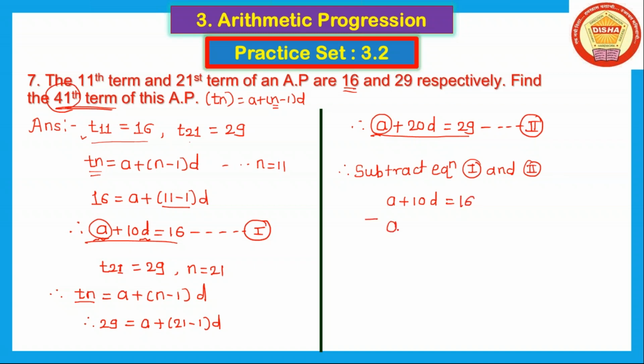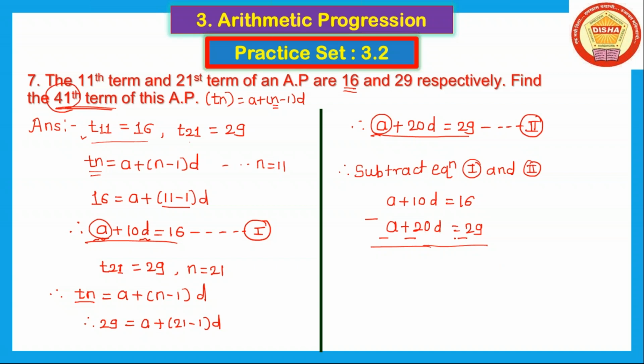We take the second equation, a plus 20d is equal to 29. In subtraction, the signs of the terms present in the second equation are changed. Means this plus a becomes minus a, plus 20d becomes minus 20d, and here is also minus 29.